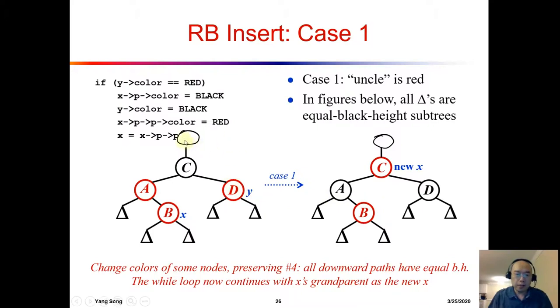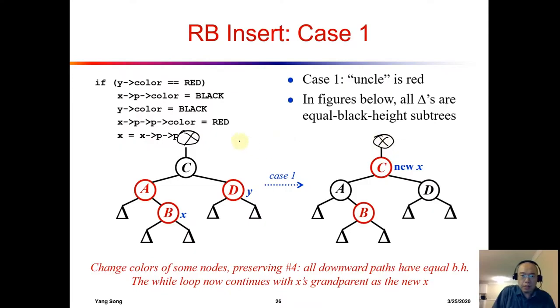So this is black, and C is black, so A and B cause the trouble. And after recoloring this tree, A is black, D is black, and C and B are red.